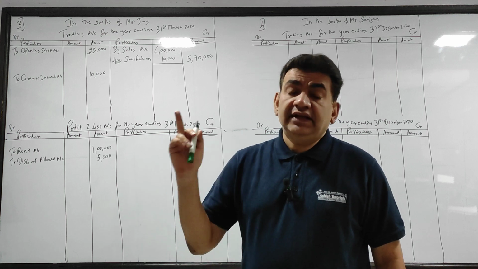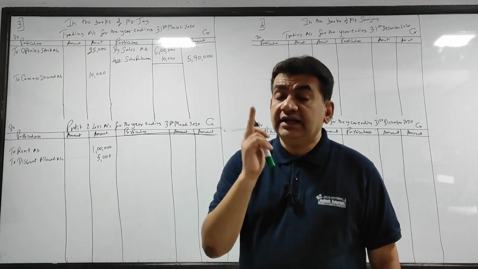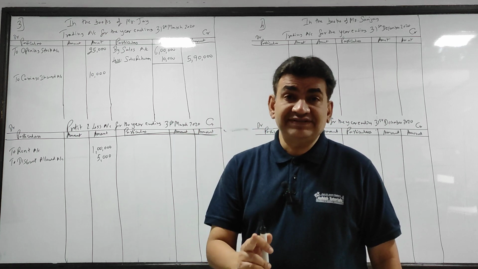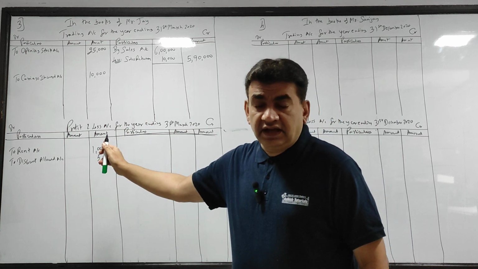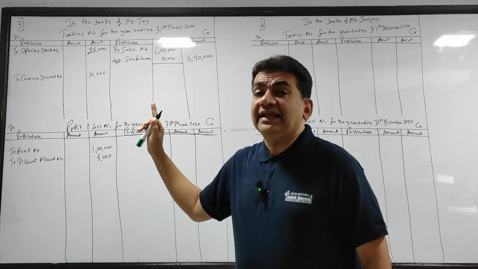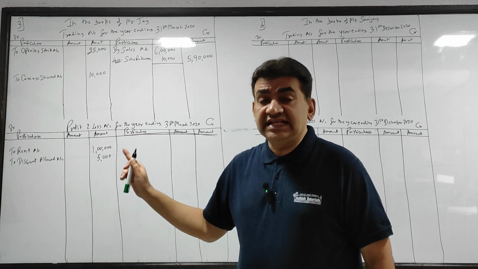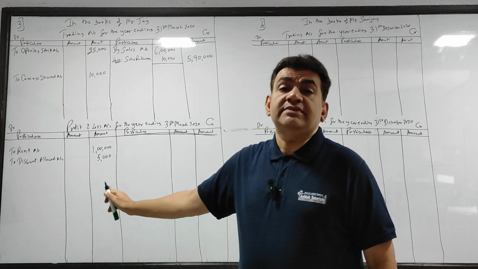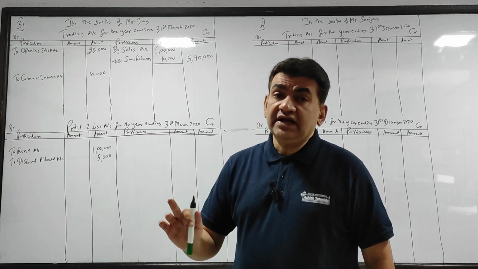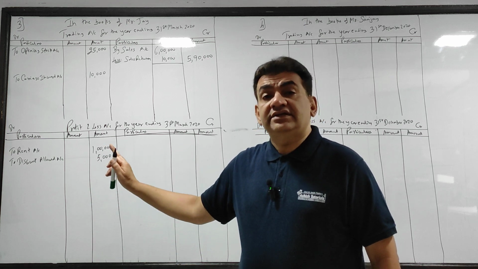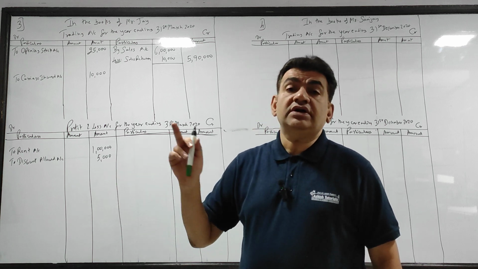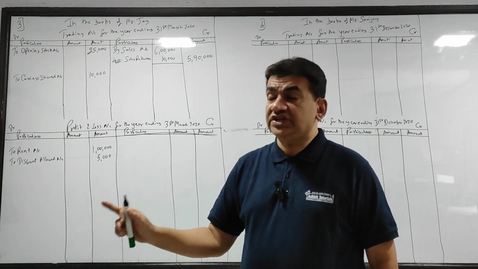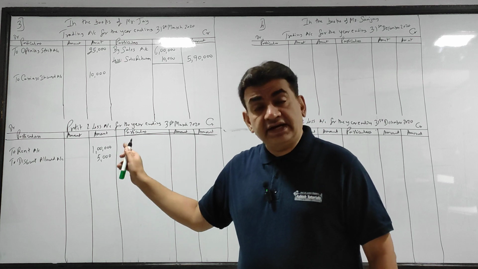Again I'll repeat, any expense connected with purchase of goods is a direct expense, debited to trading account, and any expense connected with sales is an indirect expense debited to P&L. So only commission would mean sales commission, so you will debit P&L. Had they given you commission on purchase or buying commission, we would have debited trading account.